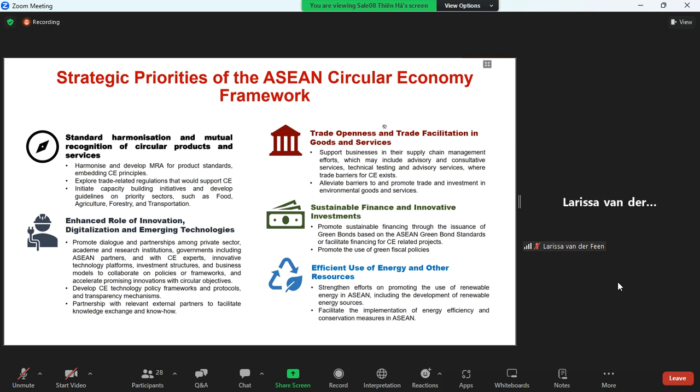That is the philosophy to understand how to mobilize and facilitate the strategic priorities from the ASEAN region.